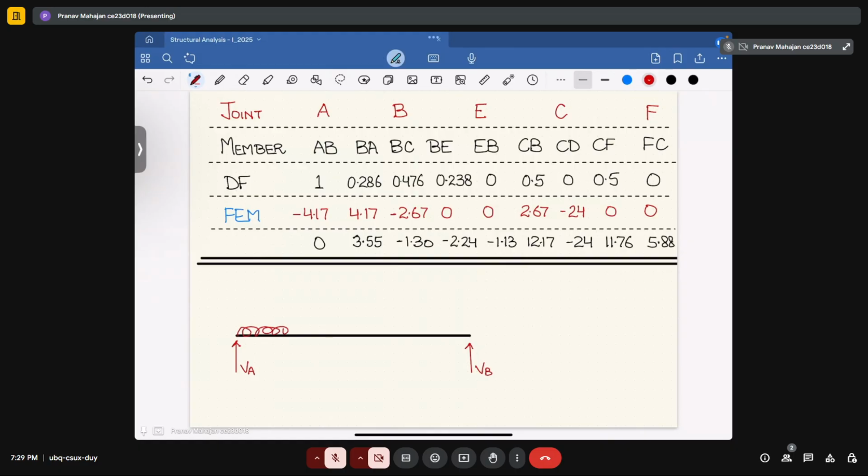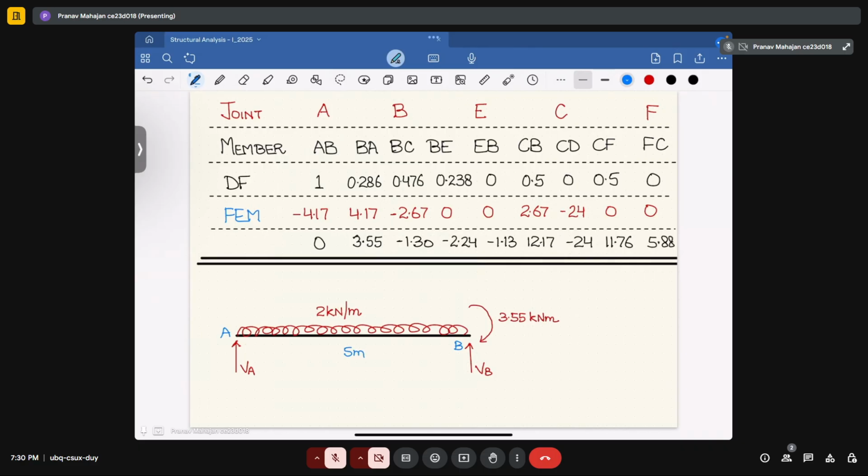You have the loading over the structure, this loading is 2 kilonewton per meter, and on the left side you have zero moment, but on the right side you have the clockwise moment of 3.55 kilonewton meter. This is your joint A, this is your joint B, and your total length is 5 meter.